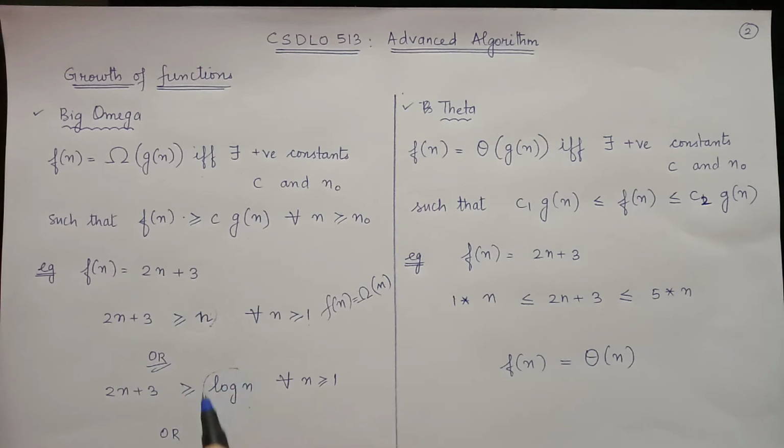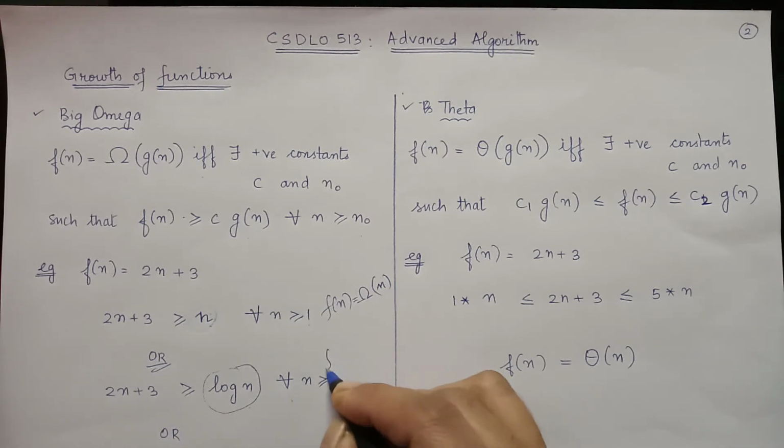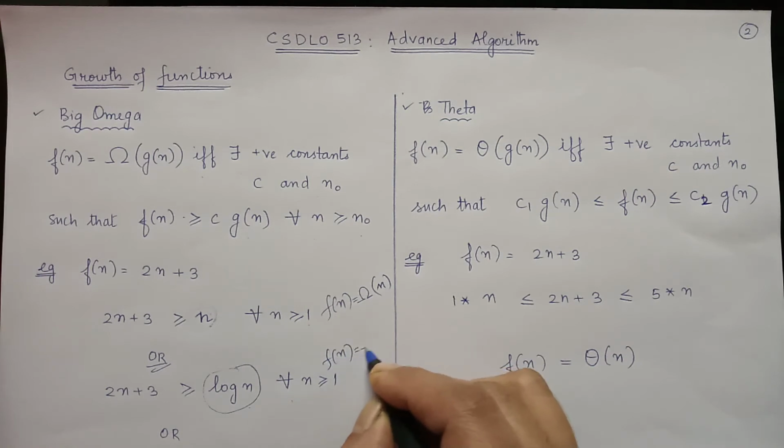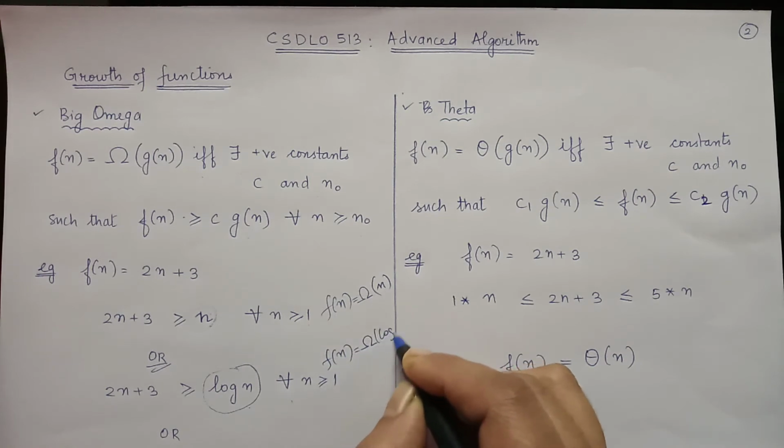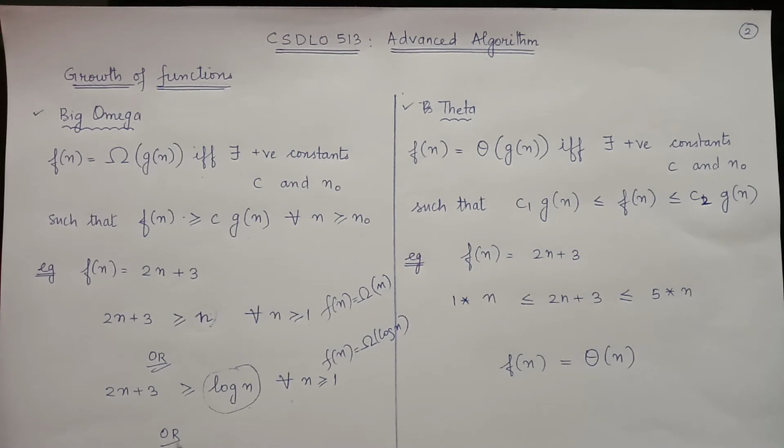So here log n is considered to be the lower bound of 2n plus 3 for all n greater than or equal to 1. Here we can write f of n is equal to omega of log n, or we can also write 2n plus 3 is greater than or equal to root n for all n greater than or equal to 1.